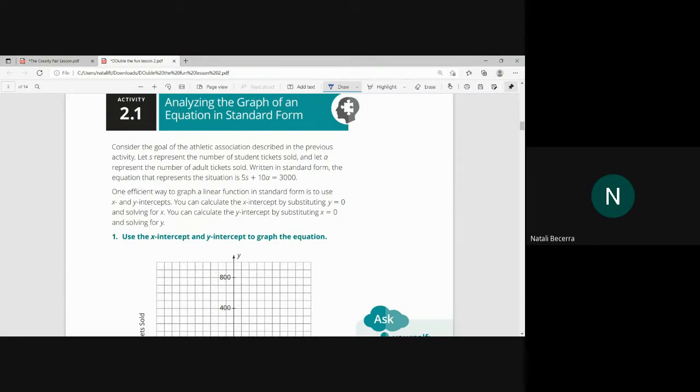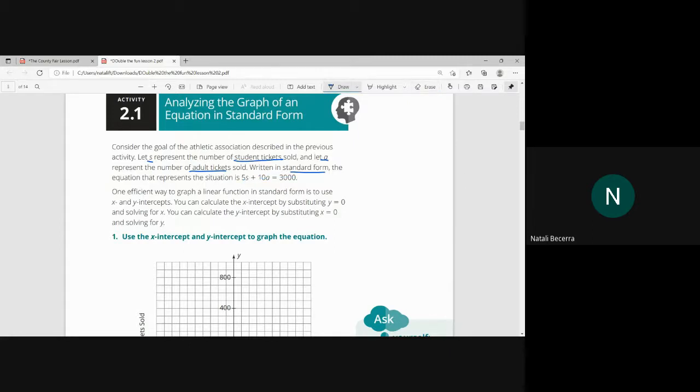It says let S represent the number of student tickets sold. So S is the student tickets, and let A represent the number of adult tickets sold. Written in standard form, the equation that represents the situation is 5S plus 10A equals 3,000. Let me go ahead and erase that.